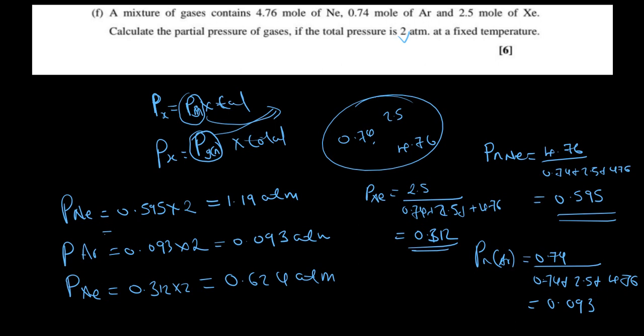Okay, so now the next question that we are supposed to calculate is: an unknown gas diffused at a rate of 0.5 times that of nitrogen at the same temperature and pressure. Calculate the molar mass. So this is the diffusion rate. So what we do is, you always write like this.